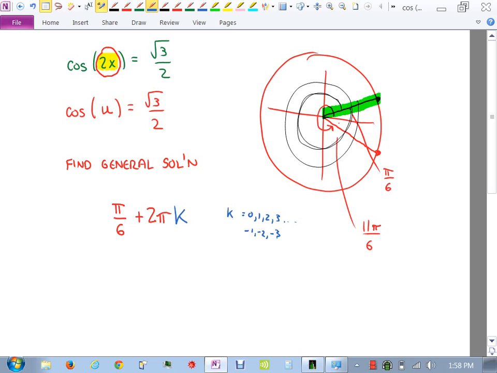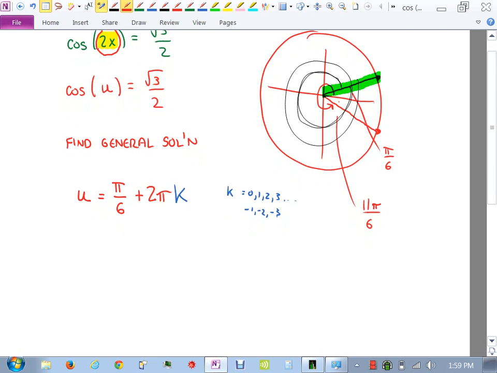Instead of going counterclockwise, you can go clockwise. Does that make sense? That's our general solution. If our u is equal to any of those angles, we will have the correct answer, square root of 3 over 2.